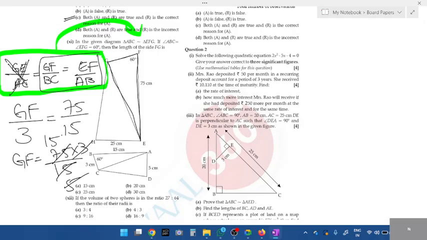So what's the answer? 15 centimeters. Is this clear? All of you understood? 15 centimeters is the answer. GF is 15.